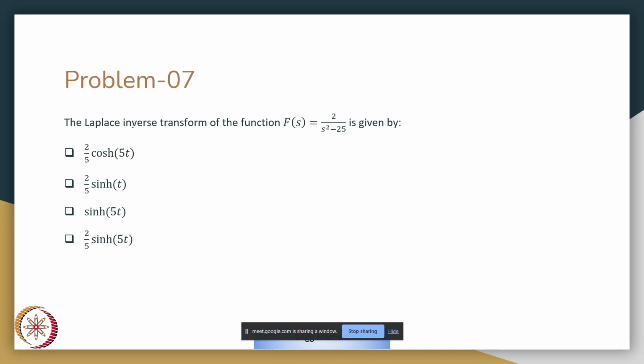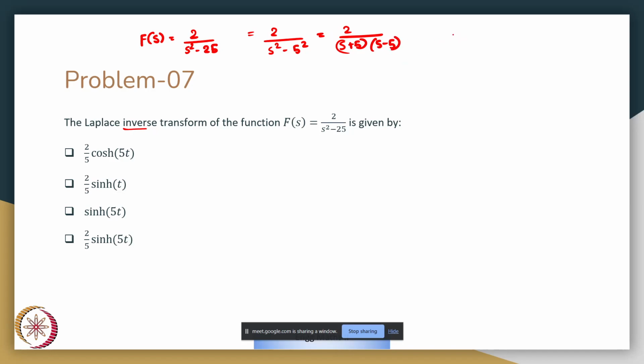Another inverse transform question is problem number 7. Again we proceed the same way. We calculate partial fractions. F of s is equal to 2 upon s square minus 25, which is nothing but 2 upon s square minus 5 square, which can be written as s plus 5 into s minus 5.